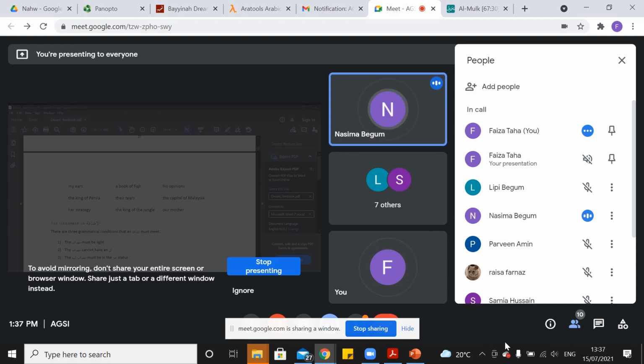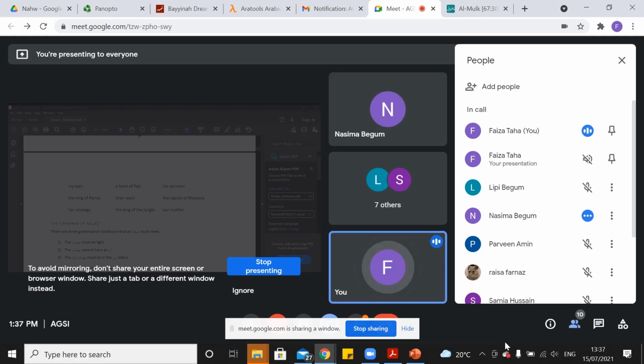Okay, so relax yourself. I'm revising that in an Idafah fragment there are two parts. One is mudaf and one is mudaf ilayh.